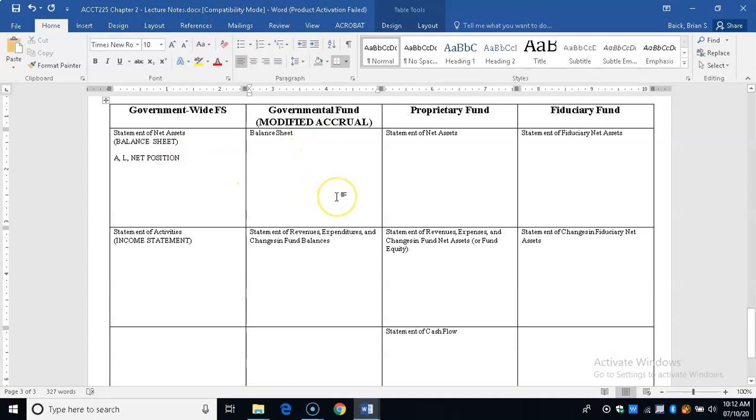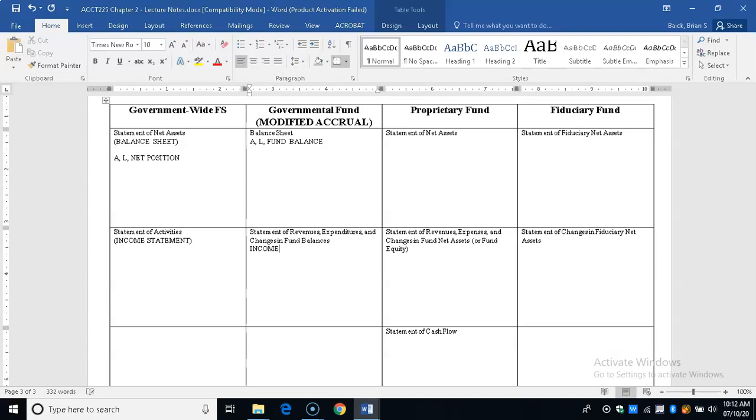Now, modified accrual means that when we have a balance sheet for governmental funds, we have assets, liabilities, and we don't have stockholders' equity, we don't have net position, we have something called fund balance. What about a statement of revenues, expenditures, and changes in fund balance?